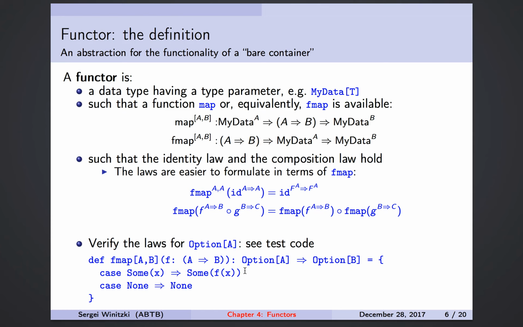It's just very easy to write that. If the option A is empty, then you return none. And if the option A is not empty, then you return a non-empty option B with the value inside that is transformed. So let's go to the code.